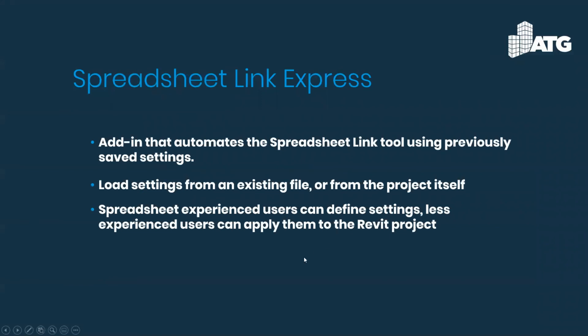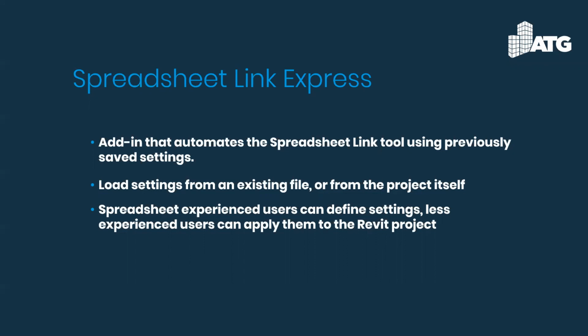So as I was talking about with the Spreadsheet Link Express, it's another add-in, another tool, that just automates it. So using previously saved settings, load it from either the file that you saved before, or maybe somebody else saved it, or it's already in the project. You can just very quickly load it. People who are experienced using spreadsheets can go ahead and define those settings.